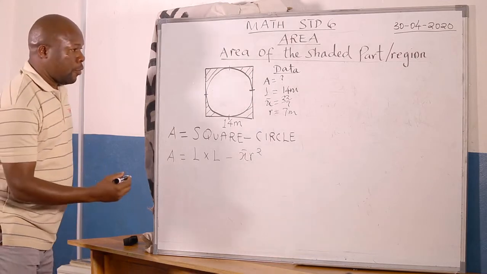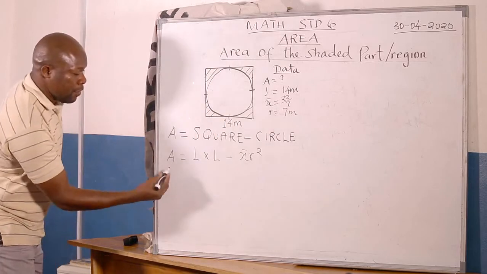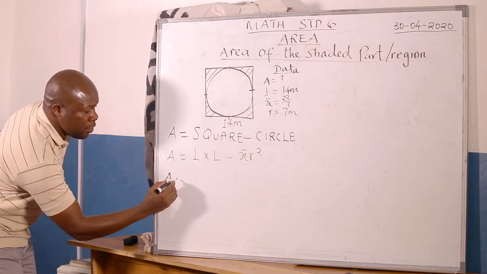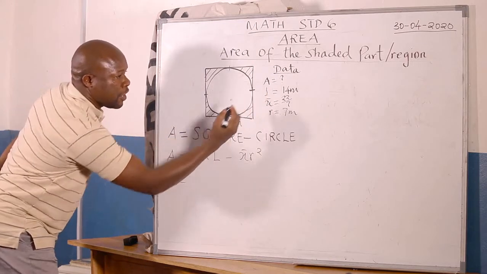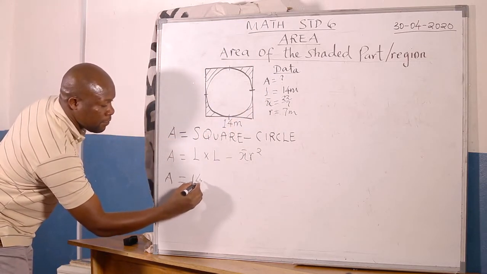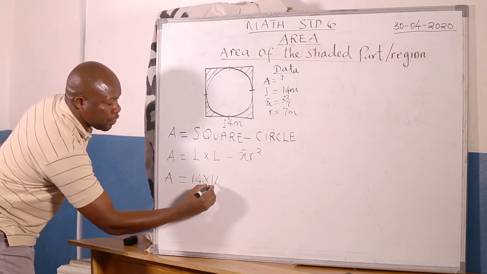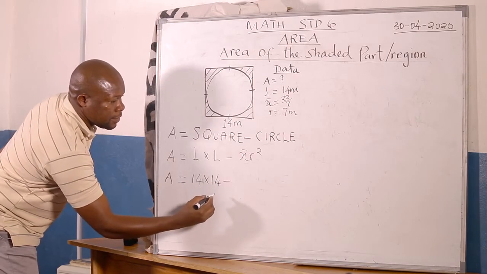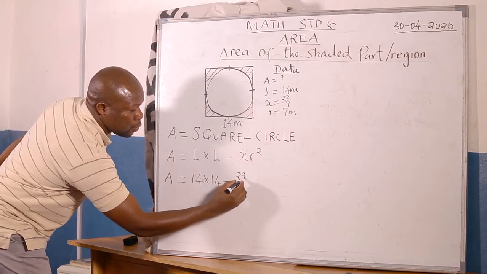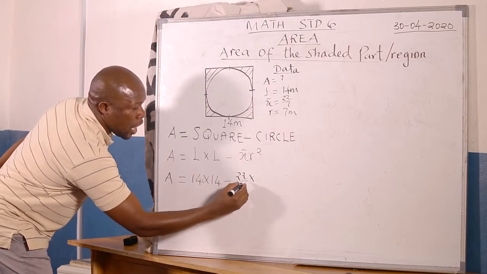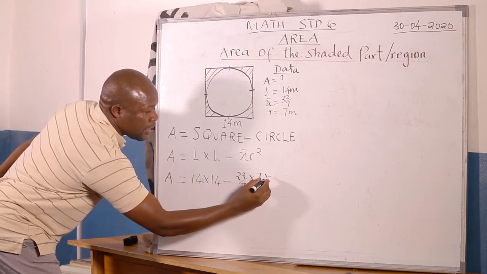After that, we are going to substitute what we have found during our analysis with the formula. Right away, we are going to check the area of the shaded part to be the length, which is taken by 14 meters multiplied by 14, subtract or take away the pi, which is 22 all over 7, times the radius, which is 7 times 7.